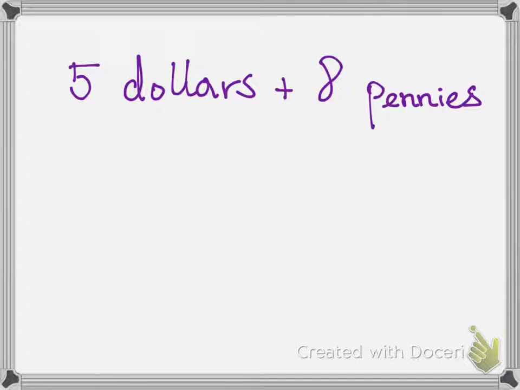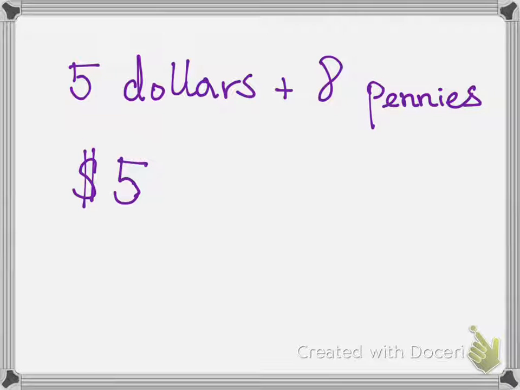Here's another example. Let's see if we can write the amount with a dollar sign and a decimal point. $5 plus 8 pennies. Oh, that's interesting. I usually get to see tenths or dimes, and I don't see that here. So how is this going to look without the tenths or the dimes? Let's put our dollar sign. It's very important. $5.